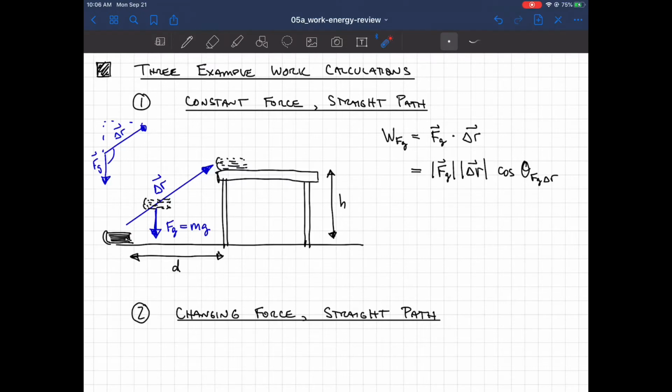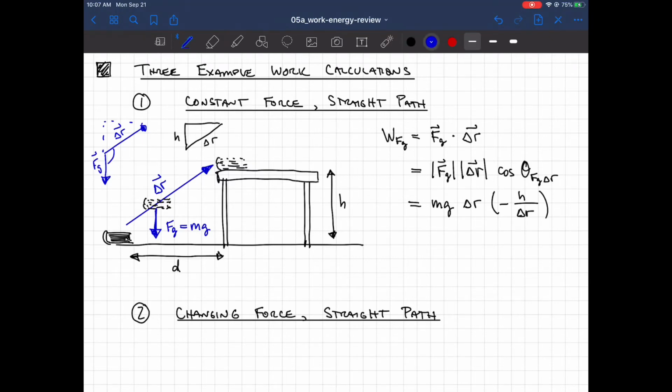So let's take a look at that. So what is it going to be? It's going to be mg, and then we could just call that the magnitude delta r, like that. And then there's going to be a negative, and if you look at this triangle here, there's an h and there's a delta r here, so it's going to be minus the cosine of the angle, which is going to be h over delta r.